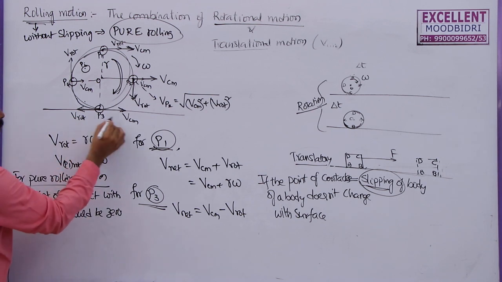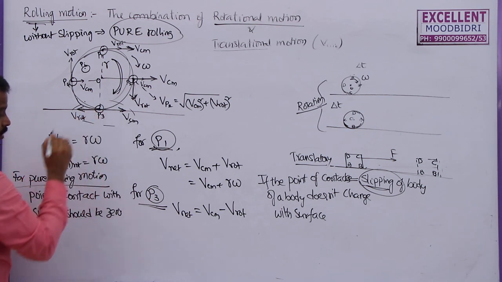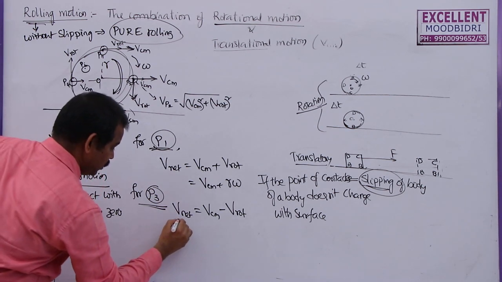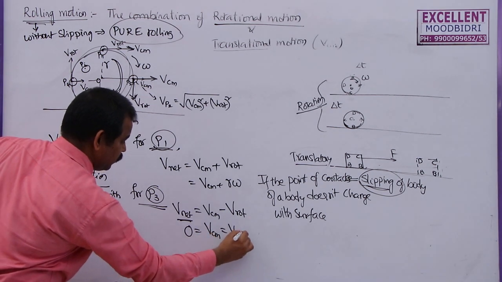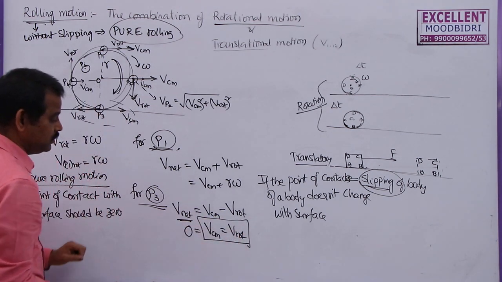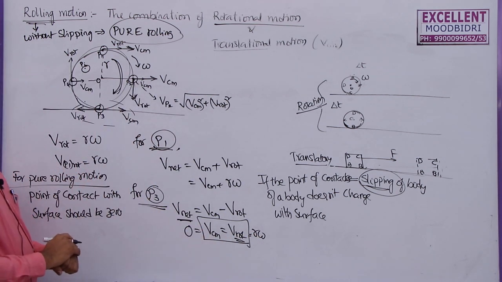That means the sum of these two must be equal to 0. Then this point is said to be at rest. So we can write V_CM is equal to V rotational. Magnitude wise we know that V rotational is equal to R omega. So V_CM is also equal to R omega.